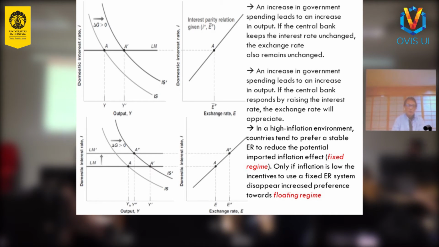And as a result, the equilibrium moved from point A to point A prime. Okay? Now, remember, every time the interest rate goes up or goes down, that means you are not adopting a fixed exchange rate. Because if you adopt the fixed exchange rate, you're supposed not to play around with the interest rate.